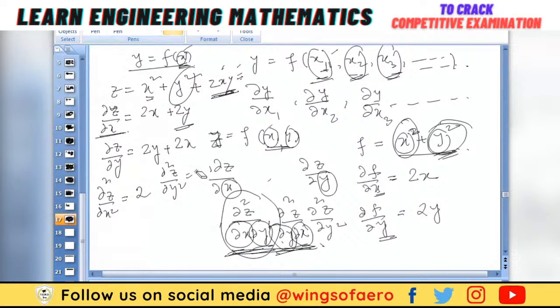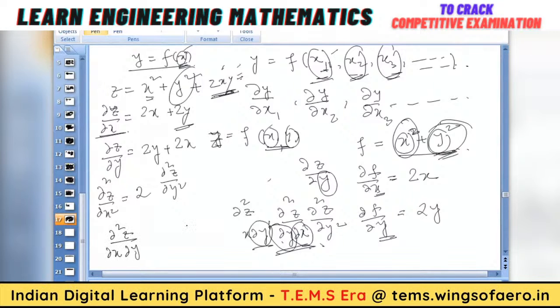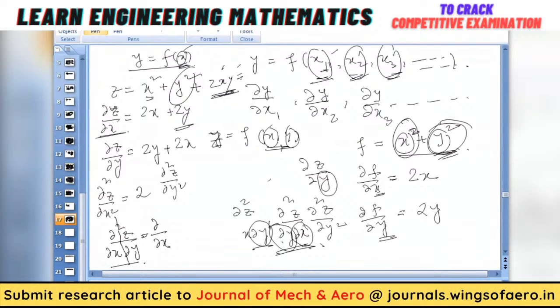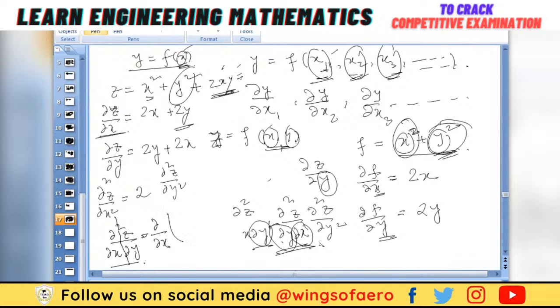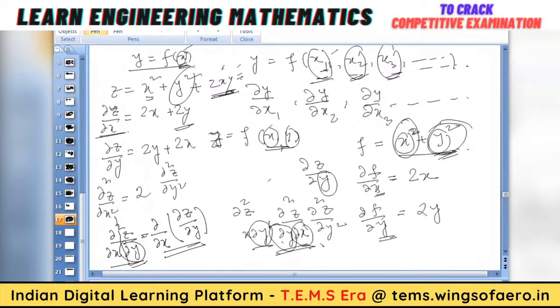Now come to del 2z del x del y. This means it is del x of, that is, we have to separate these two parts. First one is del x and second one is del y. So del x of del z del y. This means this and nothing else. So remember that what is on the right side, that is the del y portion, is considered first.